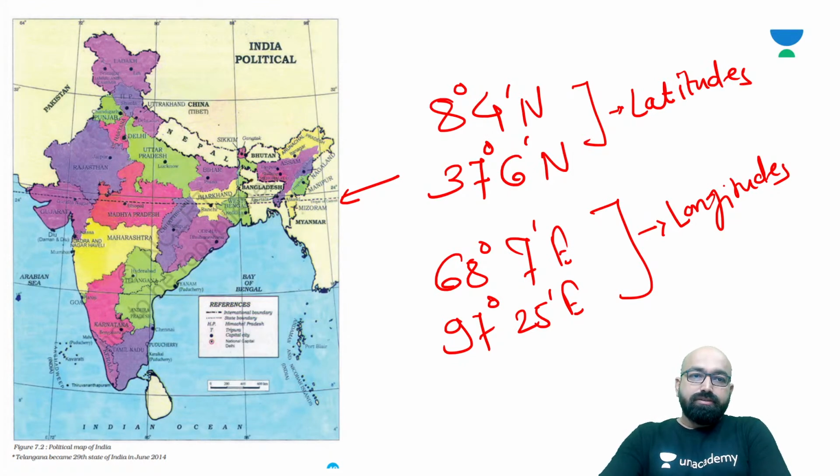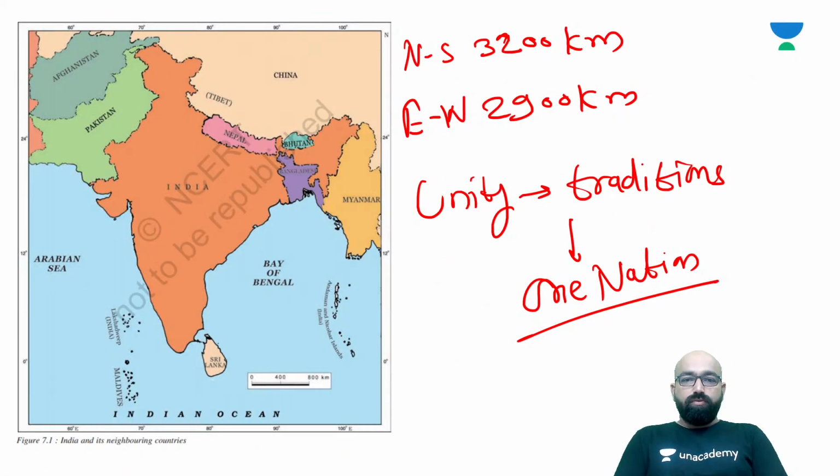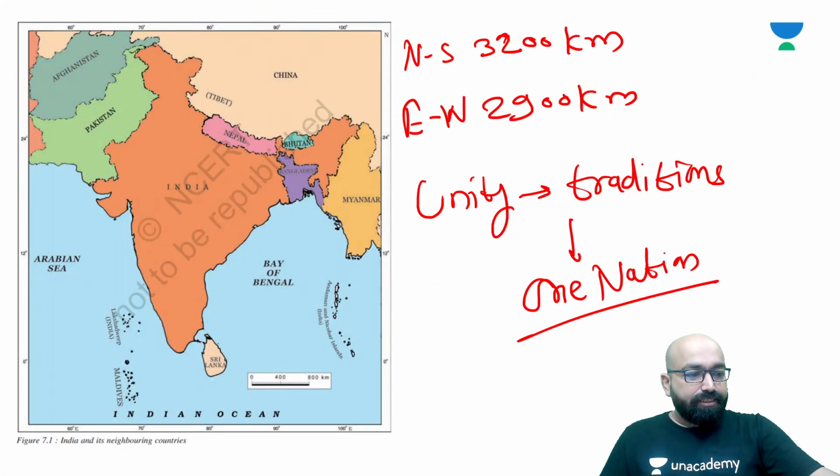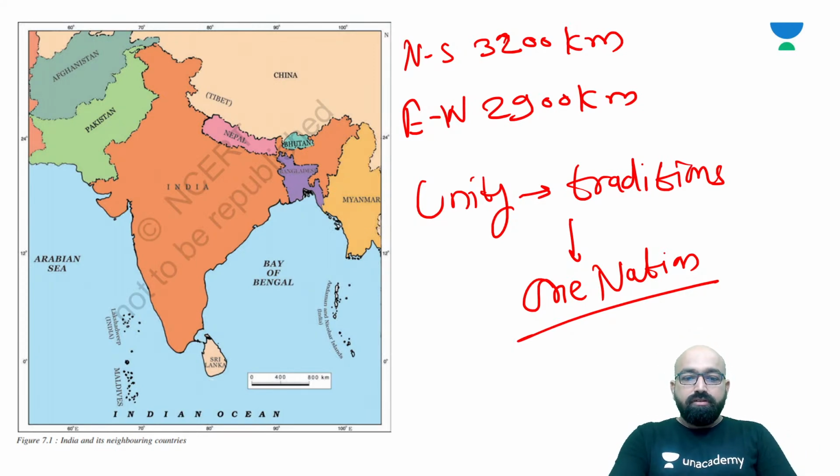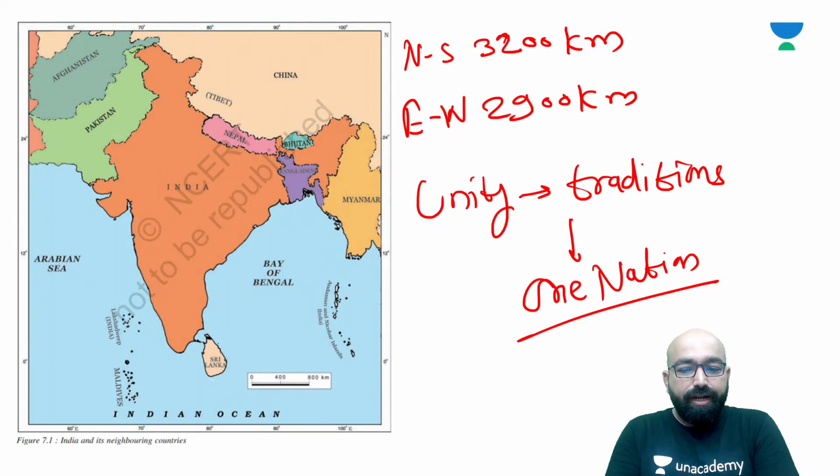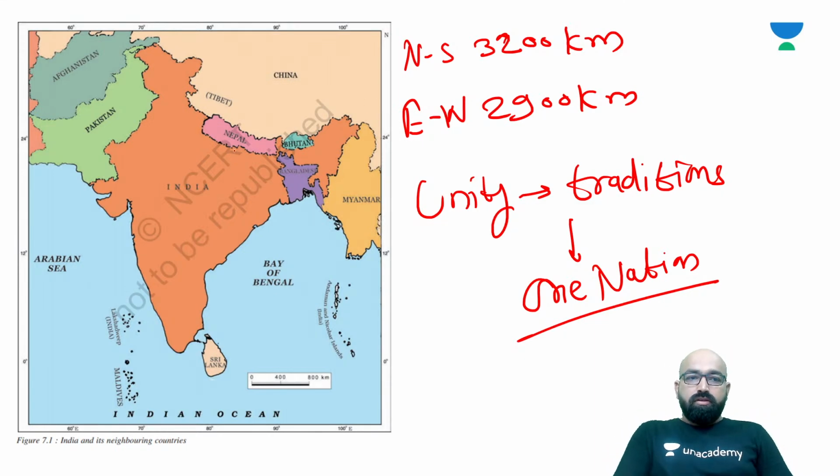Now, friends, after this, when we are talking about India's neighbors, this is the location. When we are discussing the neighboring countries, there are 7 countries that share land boundaries with India.